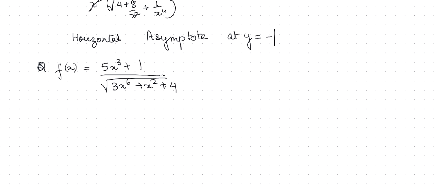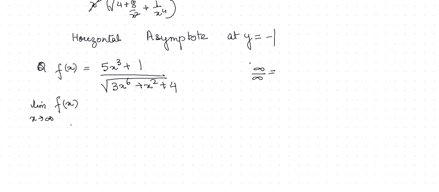To further simplify it, if we have to find the limit as x tends to infinity and we put in infinity, it gives this, which is an indeterminate form. So let's try to manipulate it.